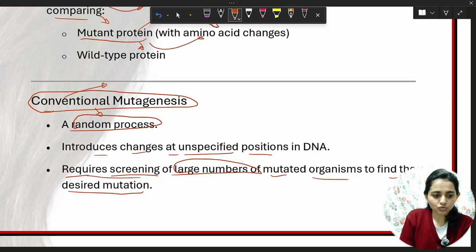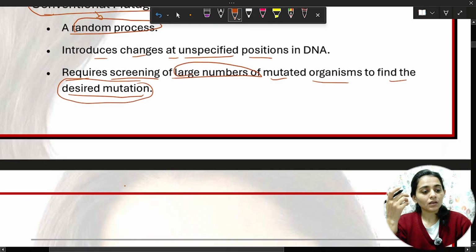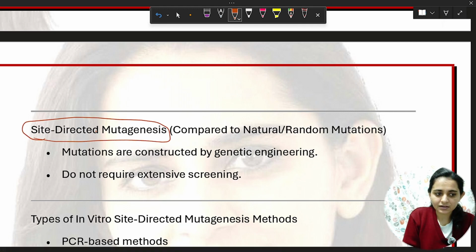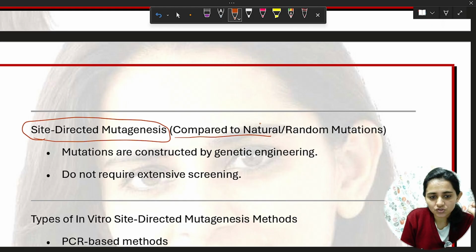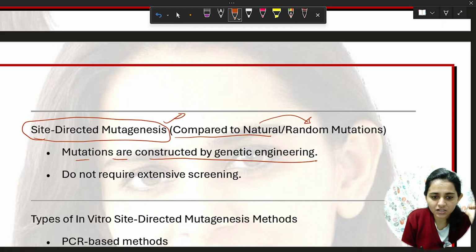Then to find our desired known sequence, we use site-directed mutagenesis. Now we are doing site-directed mutagenesis. How? Compared to natural or random mutation, this is best because mutations are constructed by genetic engineering.